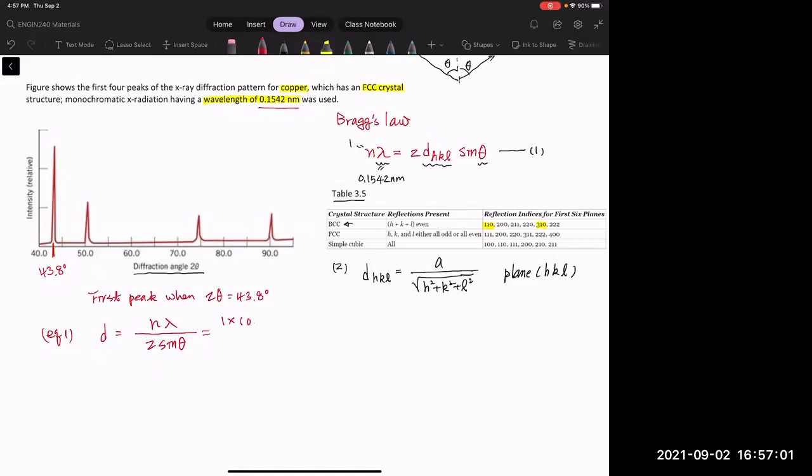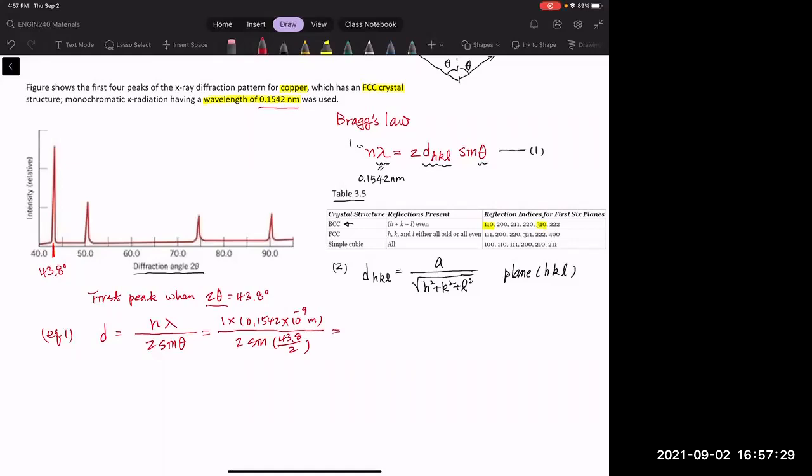So it's going to be 0.1542 times 10 to the negative 9 meter. That is the lambda. Divide by 2 sine of what? 43.8 divided by 2, because this is a 2 theta. Okay, don't just use 43.8. 43.8 divided by 2.